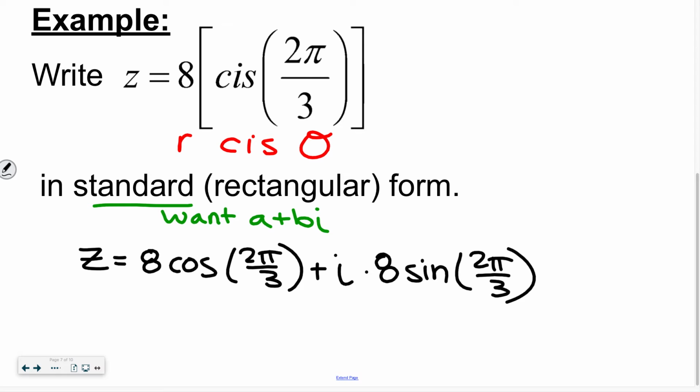All I'm going to do to switch back to rectangular form is expand my KISS form. So it's r cosine theta plus i times r sine theta.